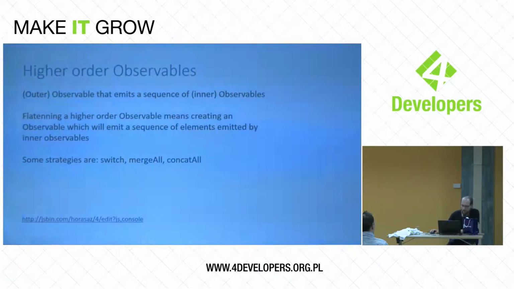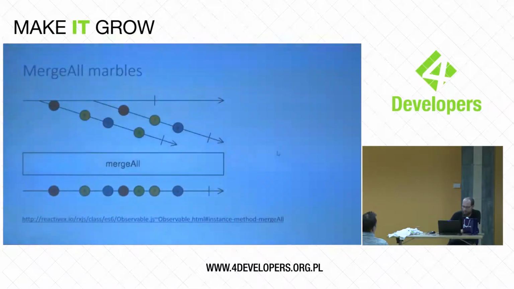Okay, so there are other ways to flatten a higher order observable, and switch is one of them. There's merge all and concat all. Let's take a look at this merge all diagram. You can see that in contrast to the switch operator, even though another inner observable started, it accepts the elements from the first one.